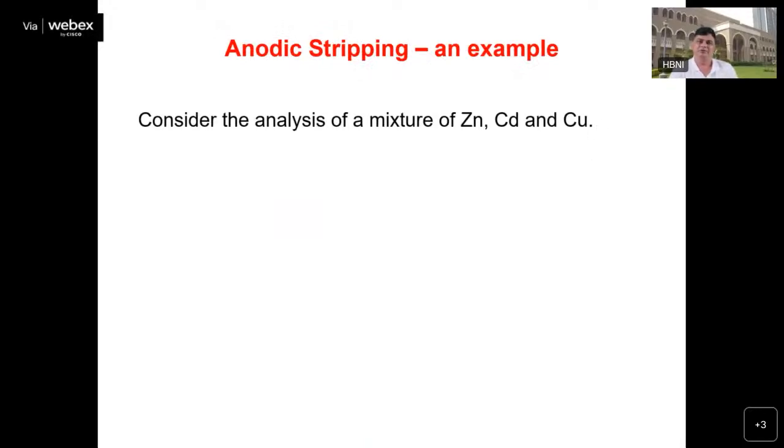So this is an example where we discuss anodic stripping voltammetry, and here we are considering 3 analytes: zinc, cadmium, and copper. So zinc will be reduced to zinc metal.